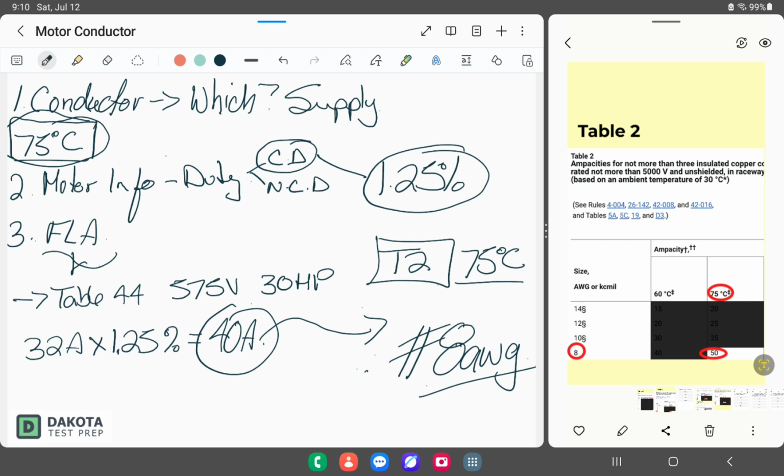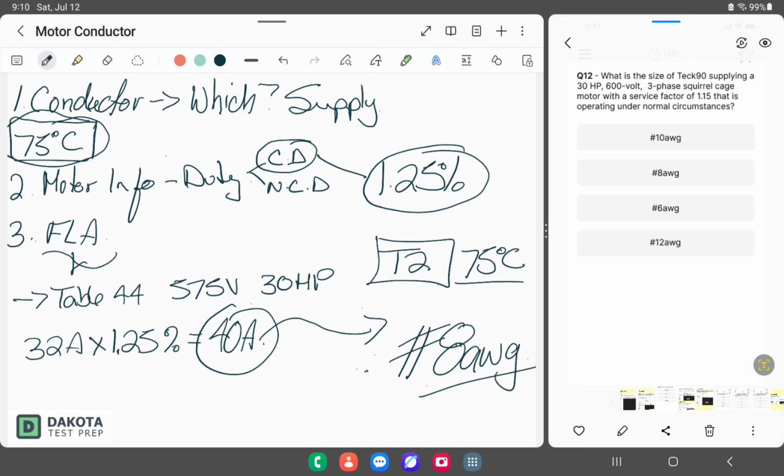So the supply conductor for this specific motor is a number 8. Now, where does this question get tricky? You'll notice it mentions a service factor. Do we care about service factor when we are trying to figure out our conductor? No. Hold on, I'm going to make that red and ask the question again.